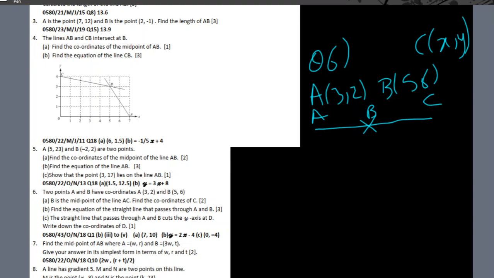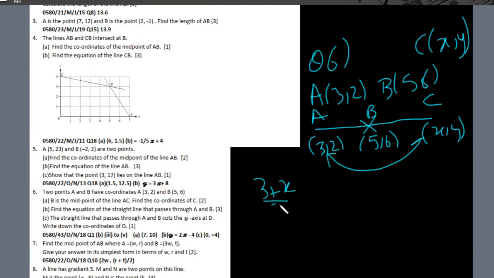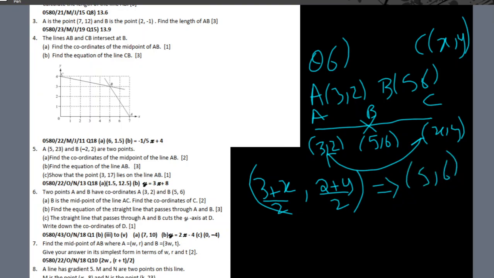Alright, so A is (3, 2), B is (5, 6), and C is (x, y). Now we'll apply the midpoint formula on these two. So (3 plus x over 2, 2 plus y over 2) should be equal to (5, 6). So 3 plus x over 2 equals 5, which makes x 10 minus 3, 7.